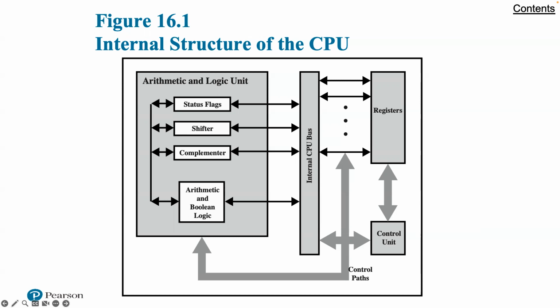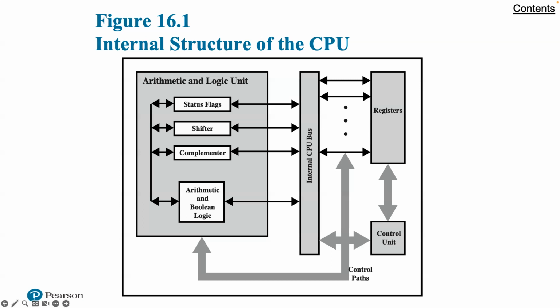In addition, the figure shows a minimal internal memory consisting of a set of storage locations called registers. And so this is one of the key places where a CPU has access to memory, the fastest memory. The data transfer and logic control paths are indicated, including an element labeled internal processor bus.